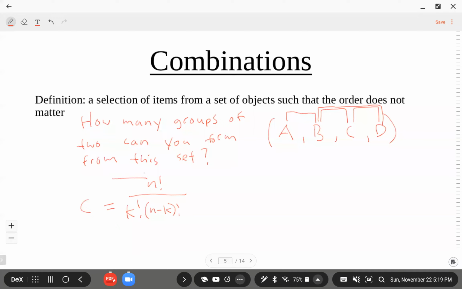This n, as I already explained, is everything in the set. It's the number of objects in the set. And k is the number of objects in your group.